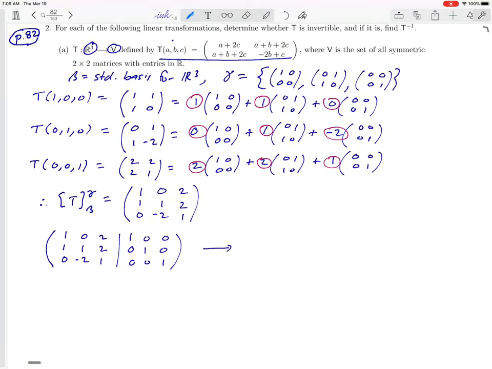Okay, and if we do row operations, you can either do these by hand or on your calculator. The idea is to take this matrix over here to the left and to transform it into the identity matrix, and then what ends up on the right should be our inverse. After doing those row operations or using a calculator, here's what you'll end up with.